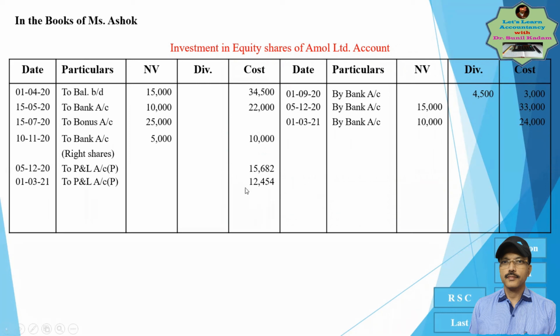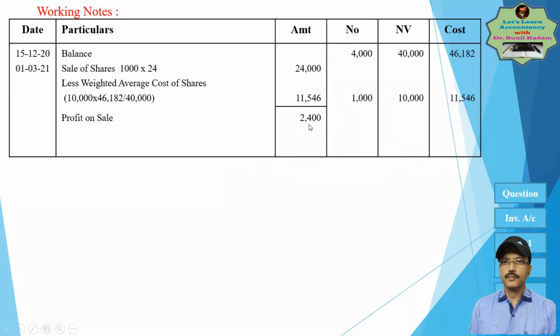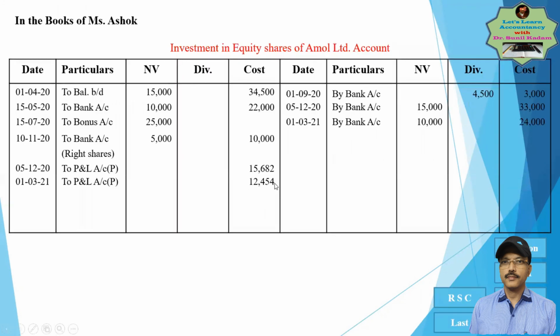Indirectly, we are giving cost effect. 24,000 minus 11,546 is what the working note shows here. The profit should be 2,400. No, it could be 24. I need to correct it. 24,000 minus 11,546 comes to 12,454.